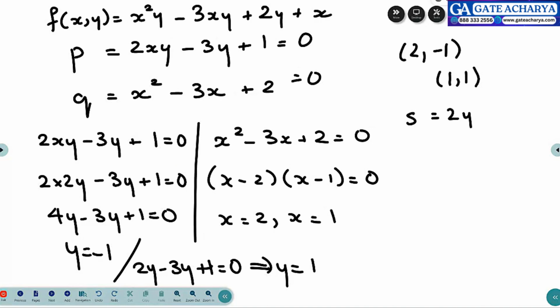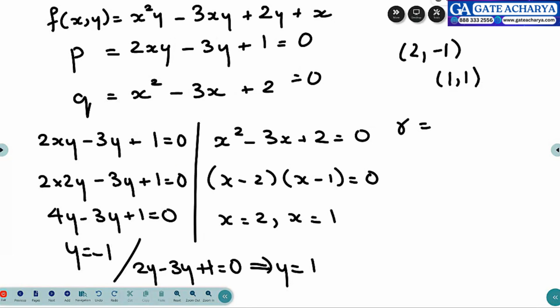What is r? Sorry. R, my mistake. I made a mistake. R is to take the derivative of u with respect to x. So take p, take the derivative with respect to x.